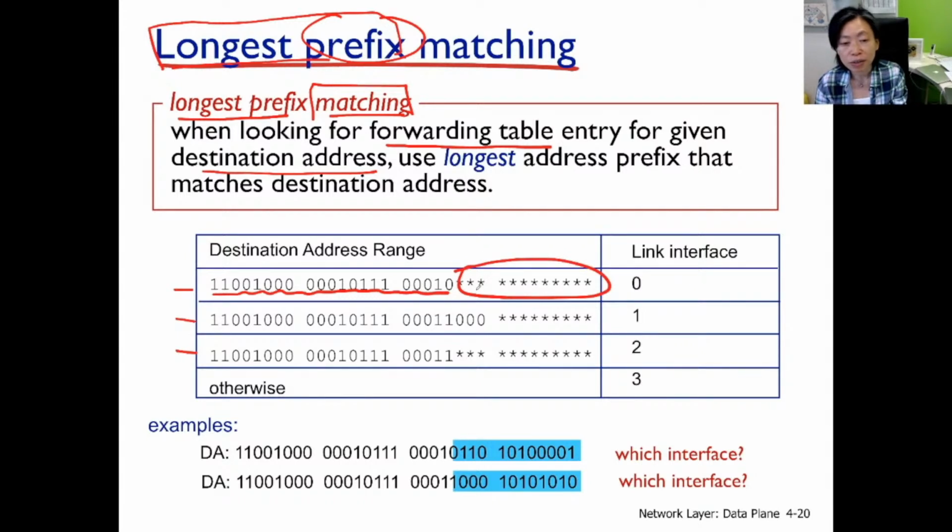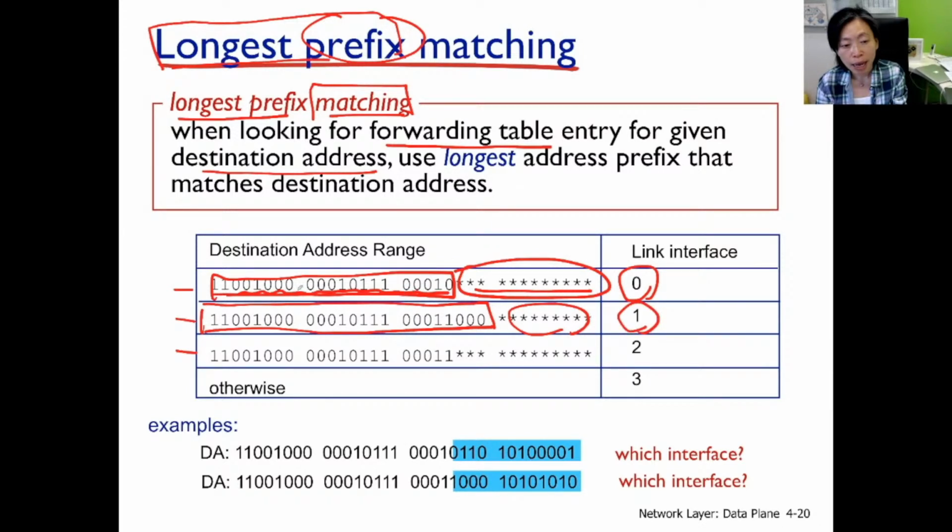That is saying that as long as the first few bytes of the destination address match this pattern, the rest of the IP address can be free. As long as you have a destination IP address looking like this, we take this packet to this output port. And the second entry is saying that if the IP address matches this pattern, the rest can be flexible, no matter what, we go to output port 1.